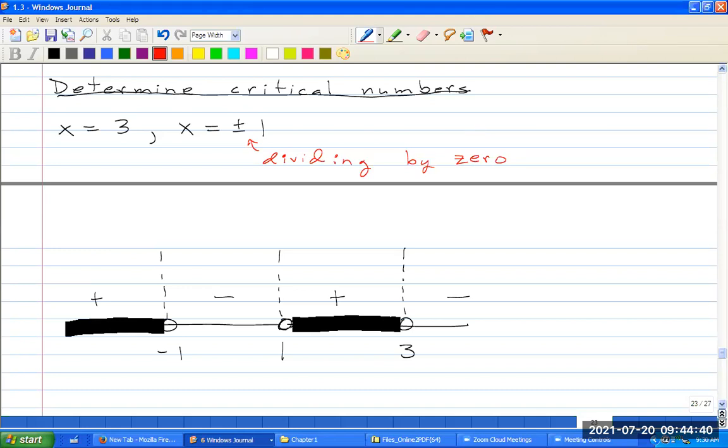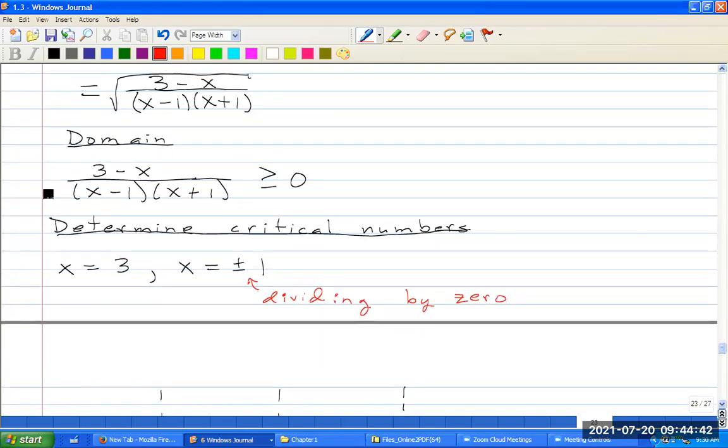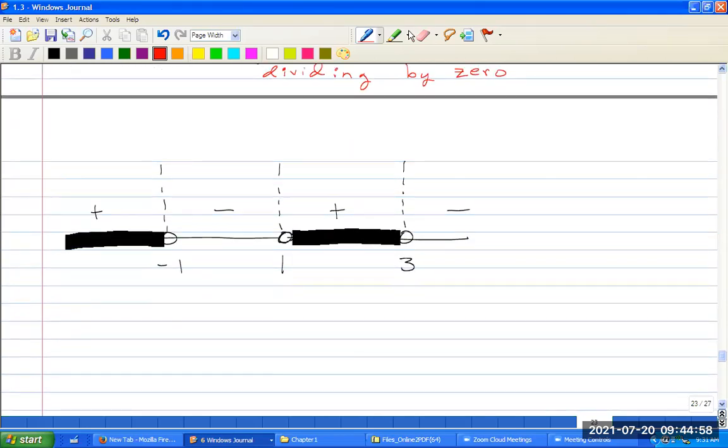So I don't want to include the critical numbers plus or minus 1. It's okay to include the critical number 3, because then you're not dividing by 0; 0 would be in the numerator at that critical point. And so let's fill in 3. I will not fill in 1 nor -1. So these are open.